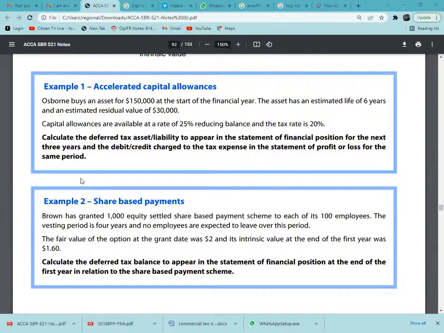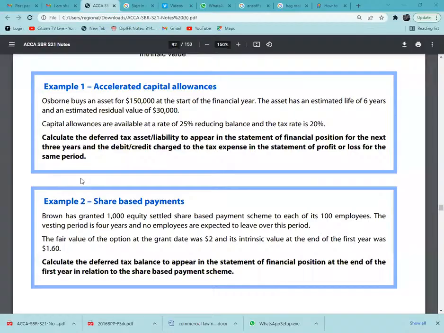Ladies and gentlemen, remember what Mr. Norbert told you here. I told you something very easy. He told you that for you to be able to get the share-based payment, you shall take it to your balance sheet. So we have 1,000 share-based, how many employees?